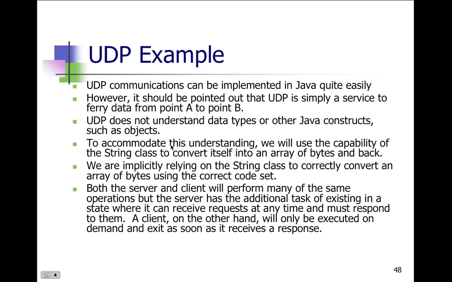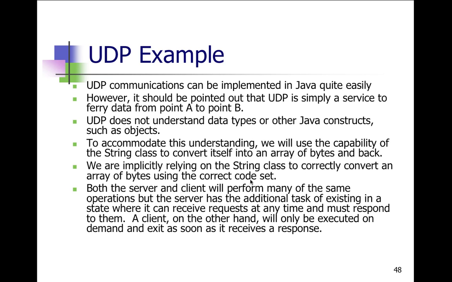To accomplish this, we're going to use capabilities of the string class. We'll create a string for the message, convert it into an array of bytes, and send the string as bytes back and forth. We simply rely on the string classes to correctly convert the array of bytes using the correct code set. We'll use some automatic methods to convert it.